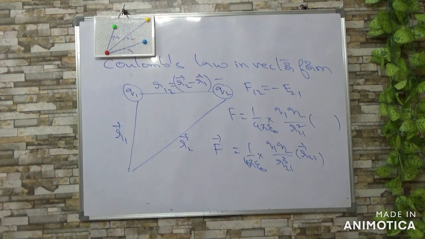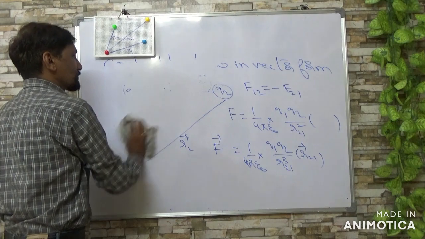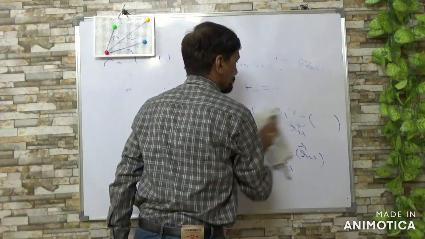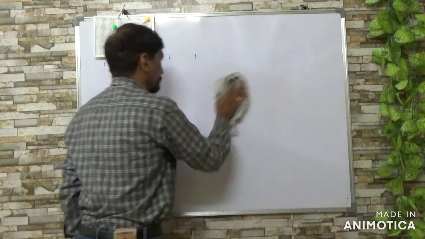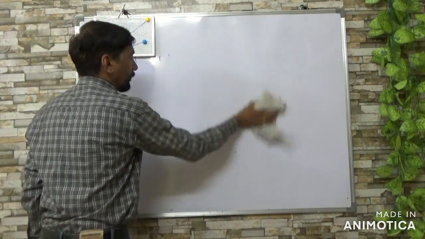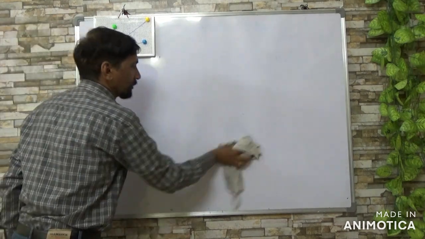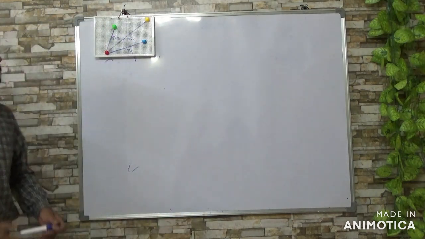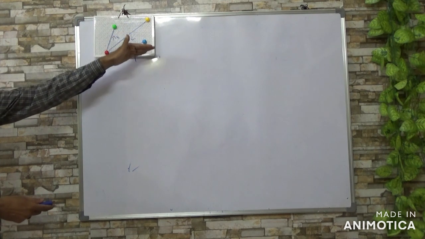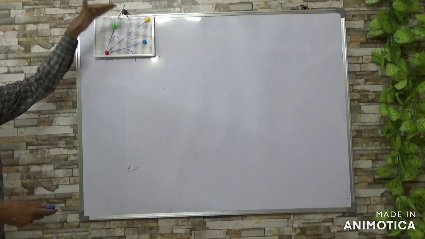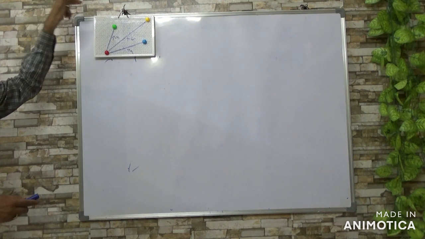Now, suppose there are n point charges, q1, q2, q3 and so on up to qn, in the plane at r1, r2, r3 and so on up to rn.